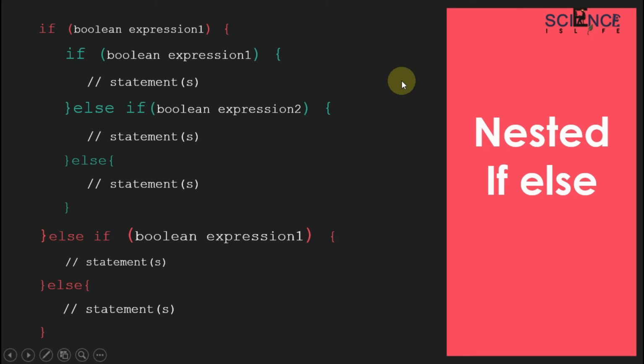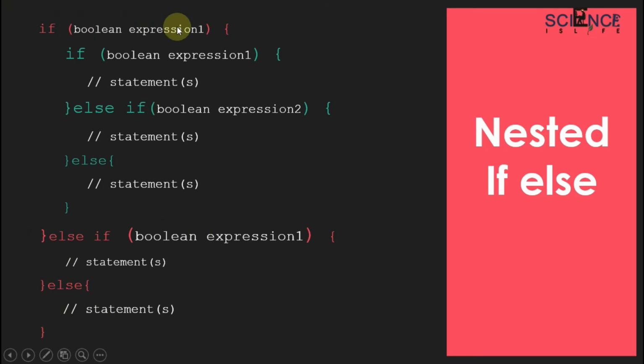Finally, we are going to learn to use nested if else. What is nested if else? Nested means we are using an if statement within an if. It's like this. Here you can see I am using an if statement, else if statement and else.